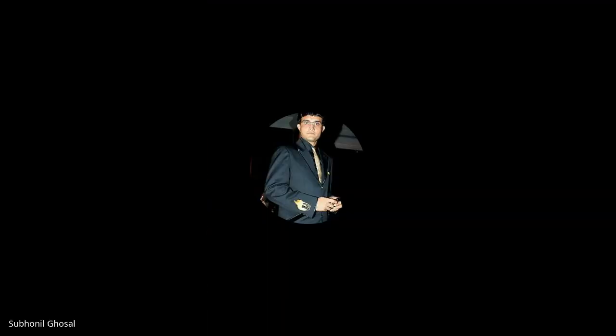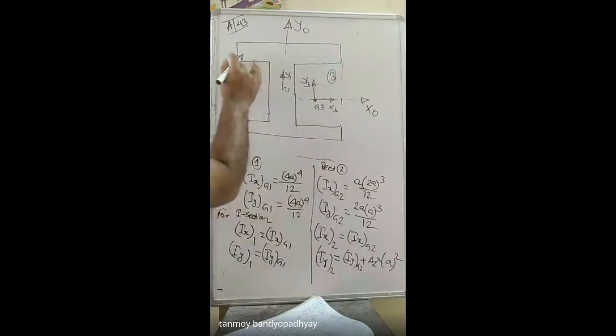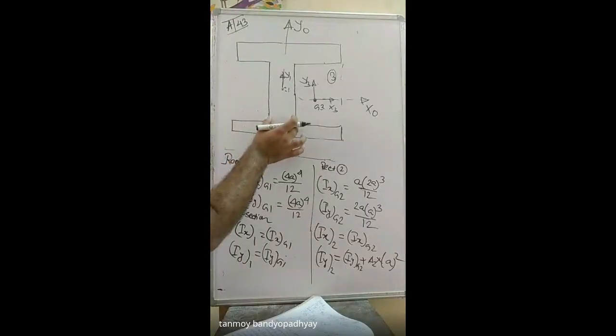So yes sir. এইখানে ছিলাম আমরা, so this one is a, so this will be 3a by 2.